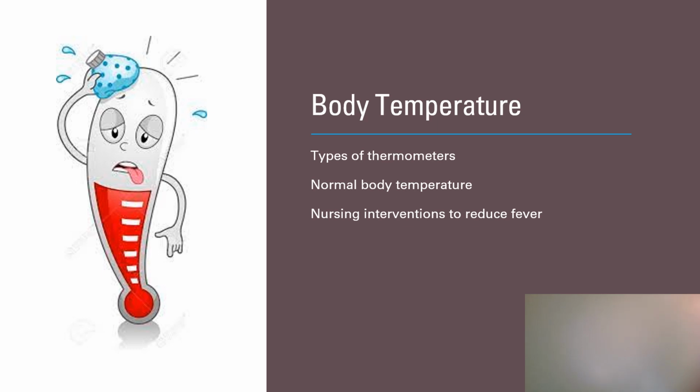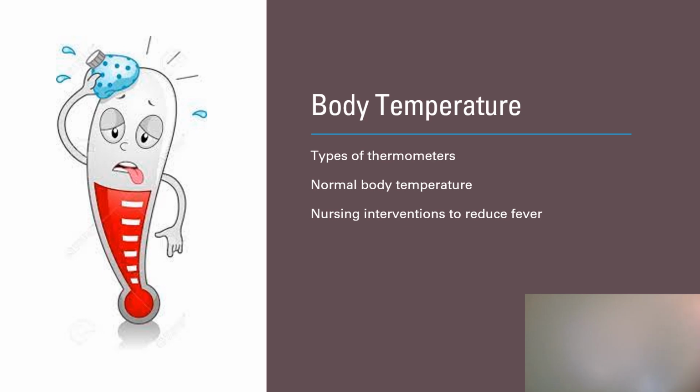Rectal temperatures are going to be about 1 degree Fahrenheit higher than oral temperatures. Axillary temperatures are about 1 degree Fahrenheit lower than oral temperatures. And tympanic membrane measurement will approximate that core body temperature. However, when you're taking the temperature, we don't say, for example, we had a rectal temp that was 99.3.